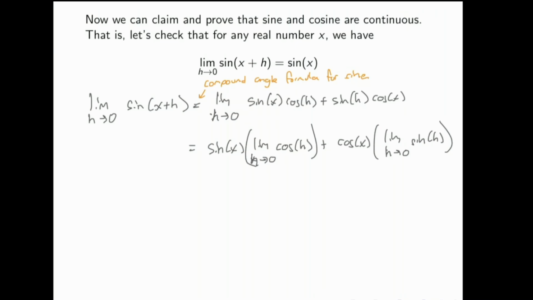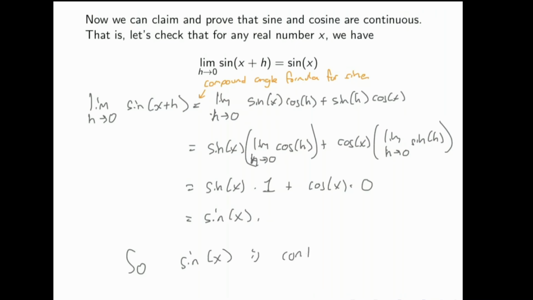But we just calculated these, so we can evaluate these now. The limit as h goes to 0 of cosine of h, we saw that was 1, plus cosine of x times the limit of sine, which we saw was 0. So in fact, we're just left with sine of x. So sine of x is continuous on R, because we just checked it for an arbitrary x. So that means it has to work for every x.